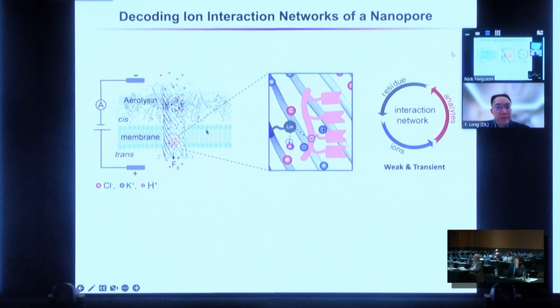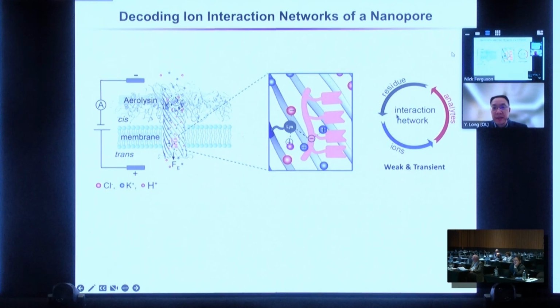And back to this nanopore, when the molecule passes through it, it will interact with the ionic current. All the water inside here as well can form a network of hydrogen bonds.